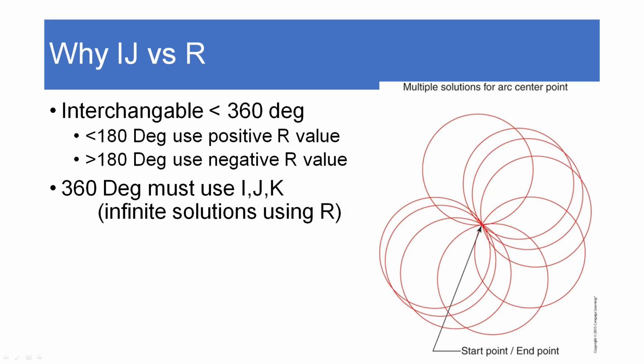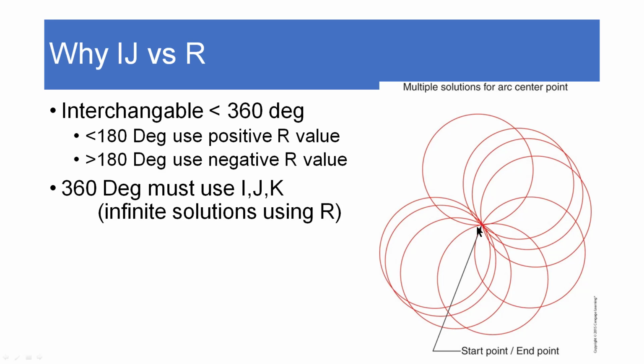Now, one thing to remember is an R number for the radius is only good up to 180 degrees. If I have to go more than 180 degrees, then I put in the R value as a negative. Now, that's only good for less than 360 degrees. And the reason for that is this diagram to the right.